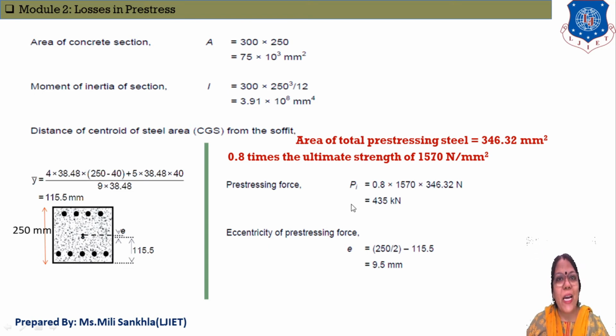Now Pi is equal to 435 kilonewton, because force is equal to stress into area. Stress is given as 1570, area is given as 346.32, and 0.8 times we calculate. So the final answer is 435 kilonewton.